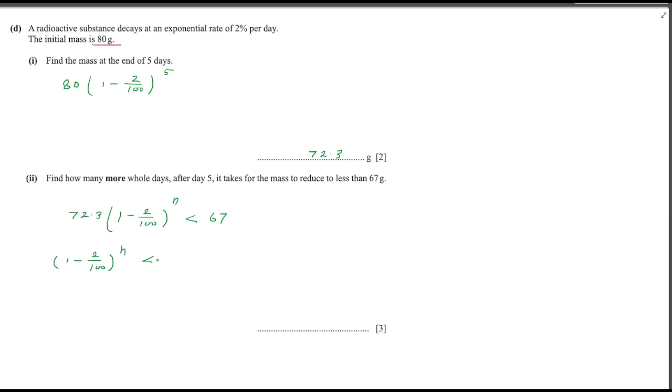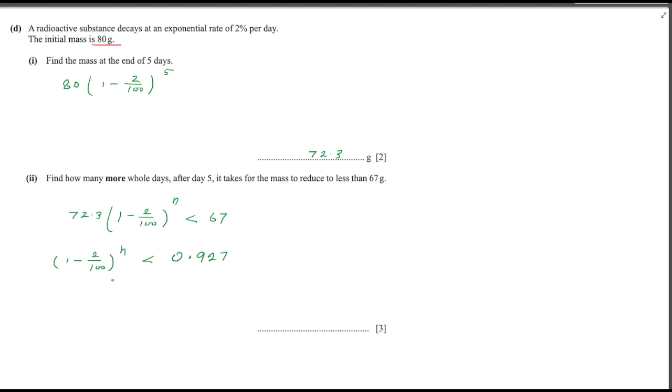This is 67 divided by 72.3. So the result is 0.927.